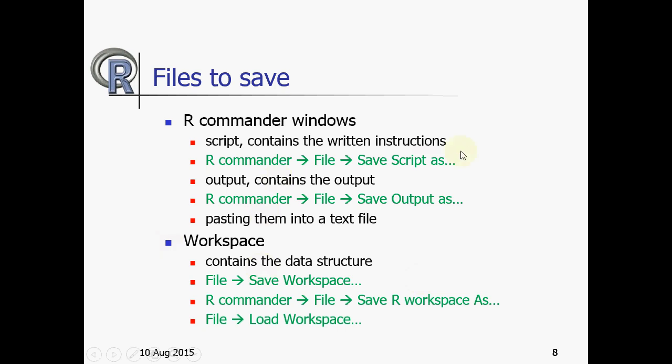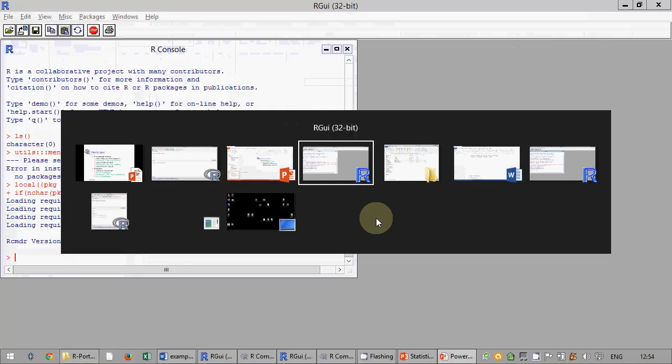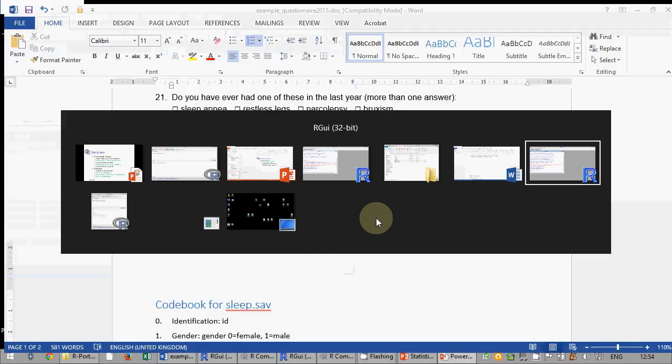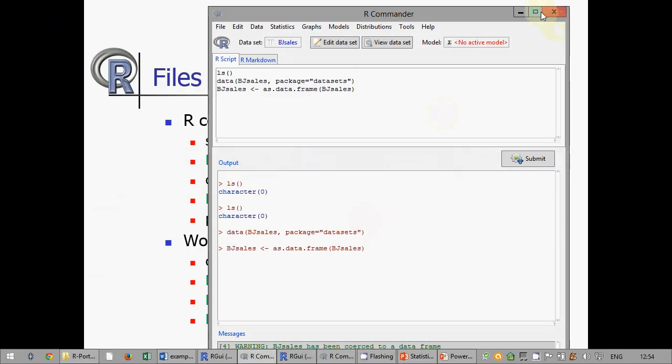So how to save the script? How to save the output? You can, if you want, copy and paste them, but I don't see any reason for doing it. Let's go to our commander.